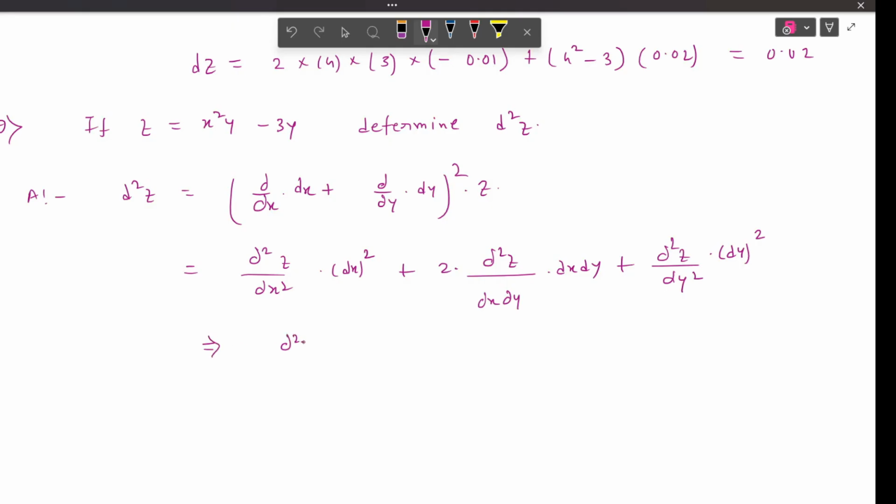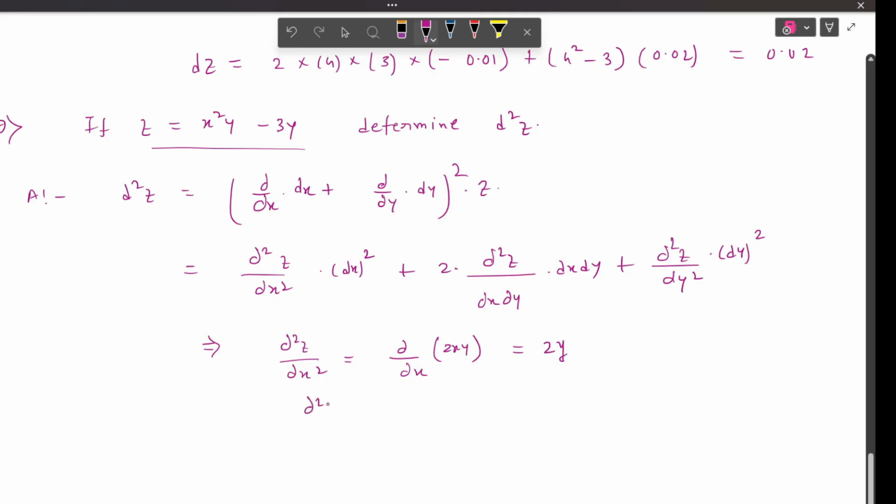That is del 2 z upon del x square. So we can write it as del x of del z by del x. So what would be del z by del x? If you differentiate this with respect to x partially, keeping y constant, right? So it would be 2xy. Then differentiate again with x, so it would be 2y.